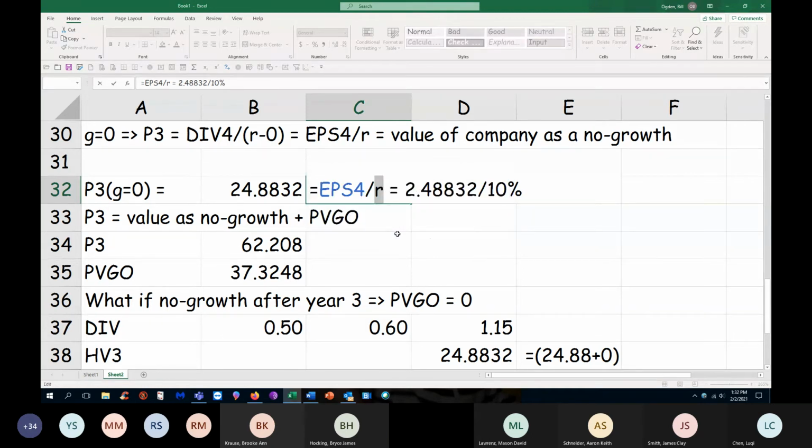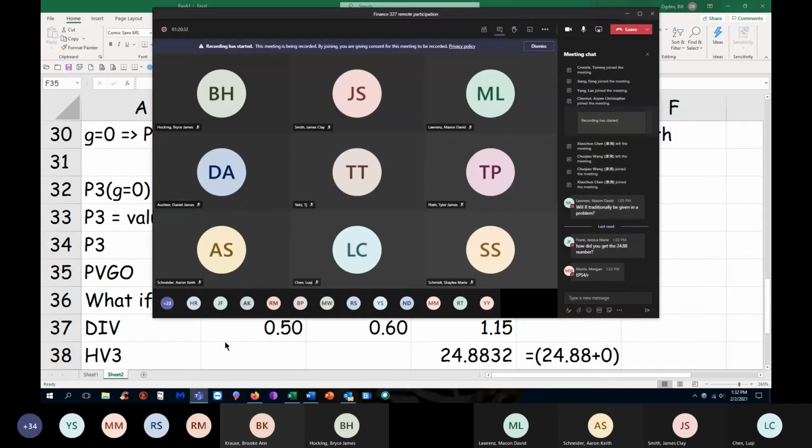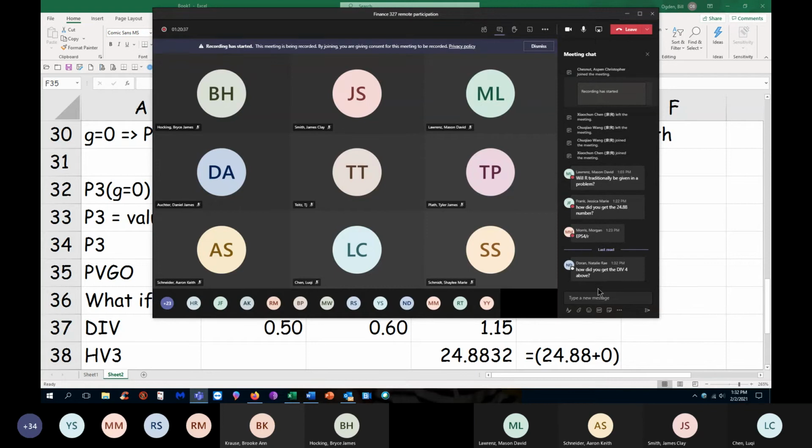Oh, what did I do wrong? I can't use EPS 4 unless I made a named variable out of it. So I go like that. There we go. Okay. All right, let's see what else is going on here. Make sure my screen is still shared. Yes, it is. And this was correct.